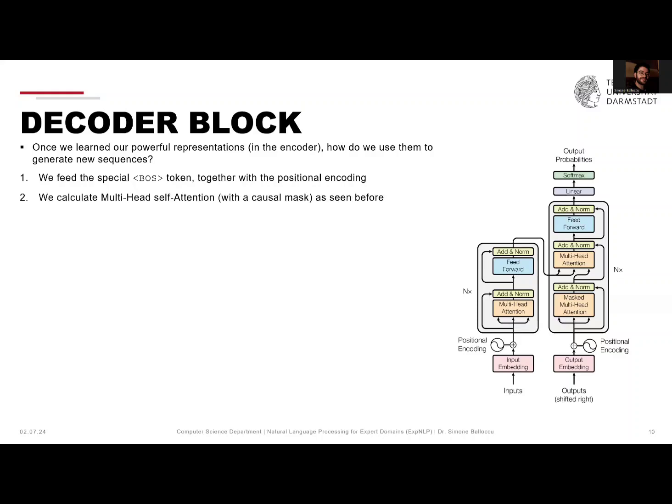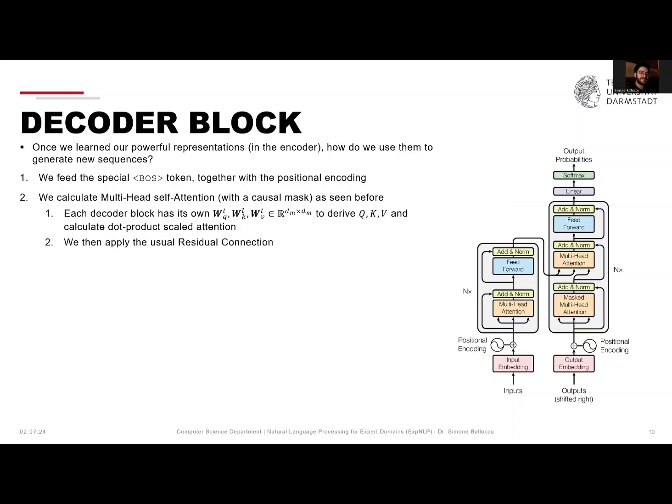After that, we calculate multi-head self-attention with a causal mask, as we've seen before. What it means here is that each decoder block has its own matrices, which it uses to derive Q, K, and V and calculate the scaled dot-product attention. And then we apply the usual residual connection, which is here represented as the usual add and norm.